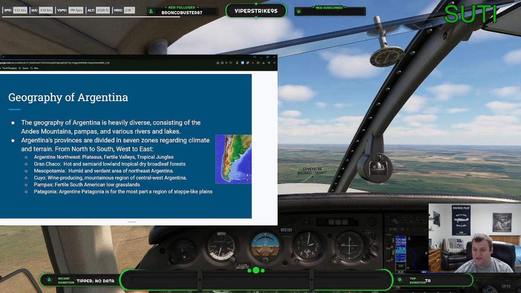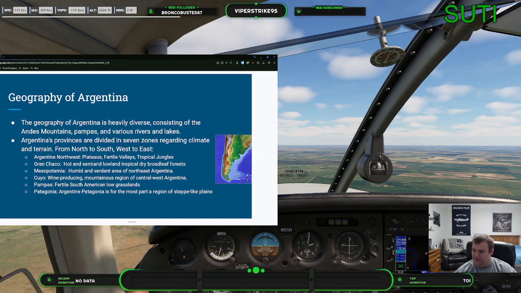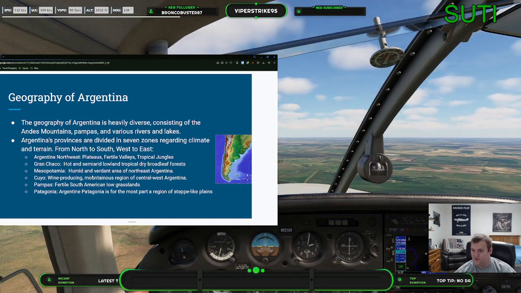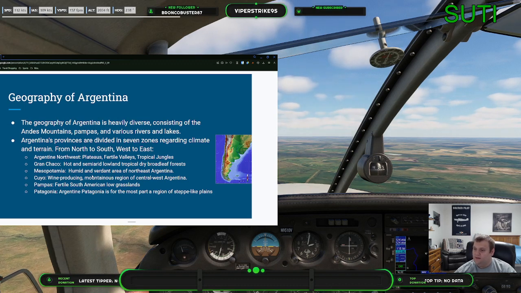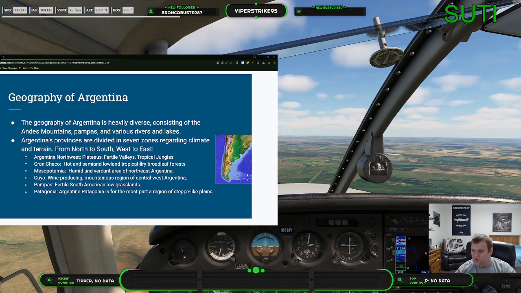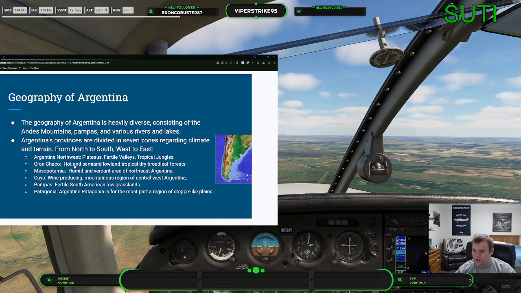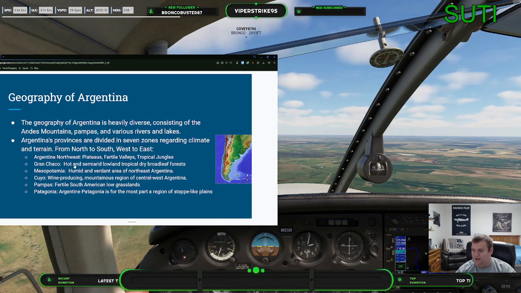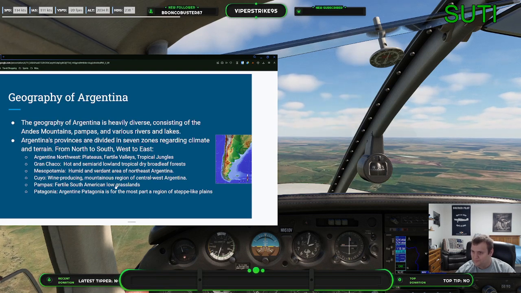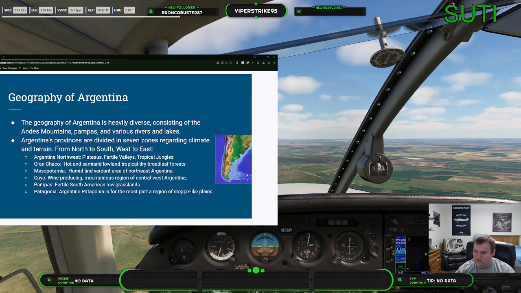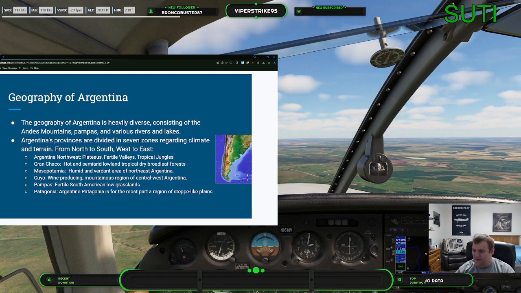So it's a very mountainous area as well. Argentina is geographically a very diverse area. It's also got lots of important rivers like the Rio Negro, the Colorado River, and the largest river, the Parana.